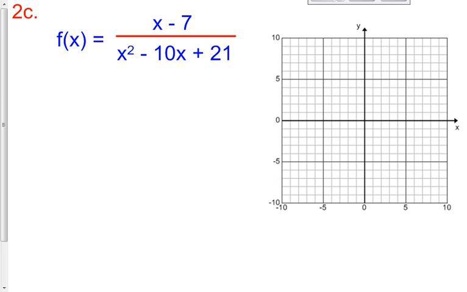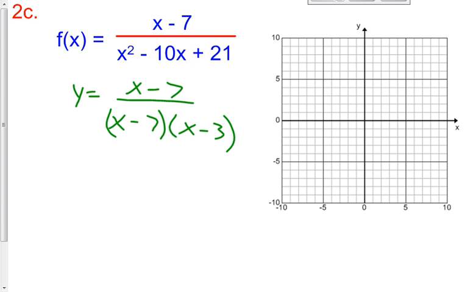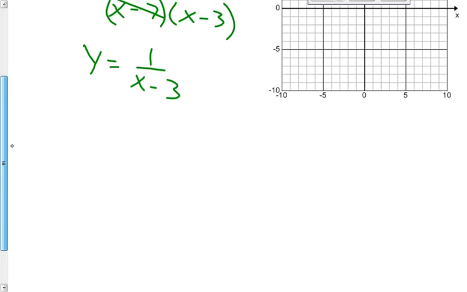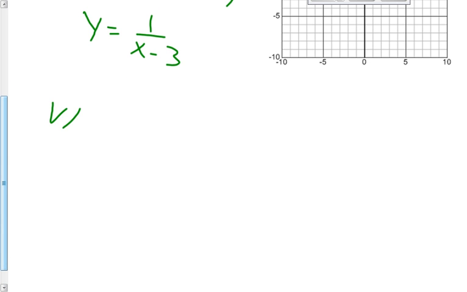After trying this on your own, you should have got y equals x minus 7 over x minus 7 times x minus 3. So, continue to simplify. Your x minus 7's cancel, and you get y equals 1 over x minus 3. So your removable discontinuity, your holes, your vertical asymptotes, your horizontal asymptotes.